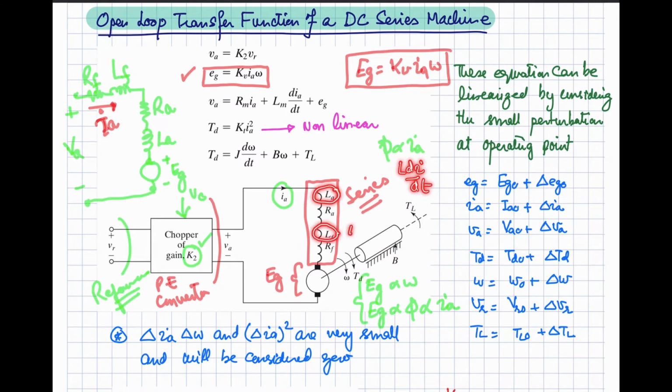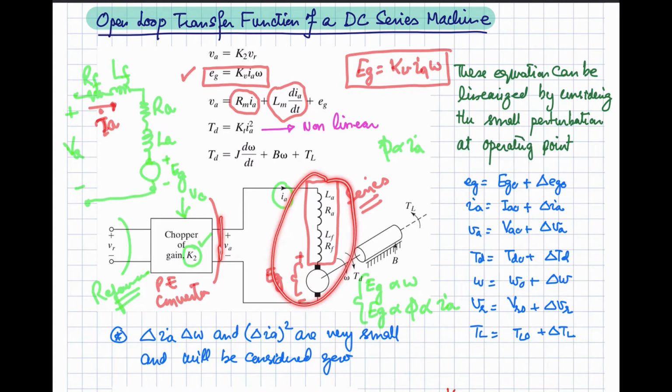Combining them together, I can say that Lm is equal to La plus Lf. So the voltage across the inductor will be given by this term. This was the voltage across the resistance, and then the back EMF that is developed over here. The sum of all of these voltages must be equal to your applied voltage VA.